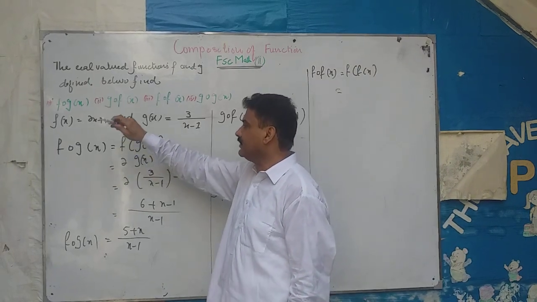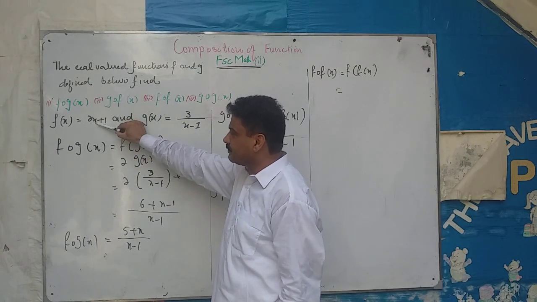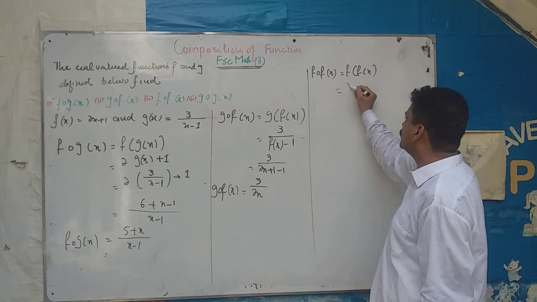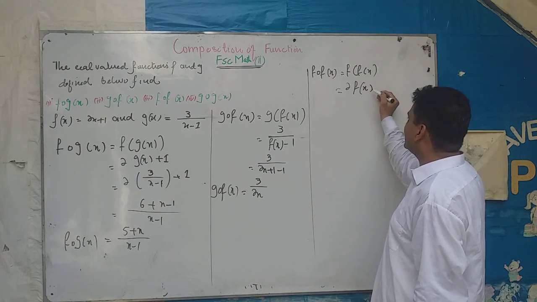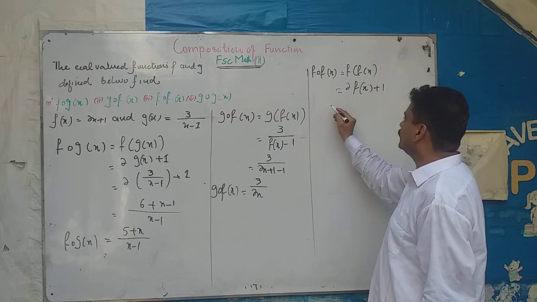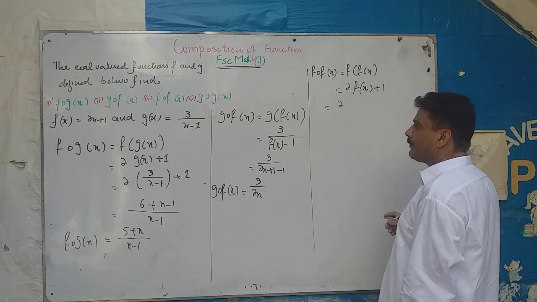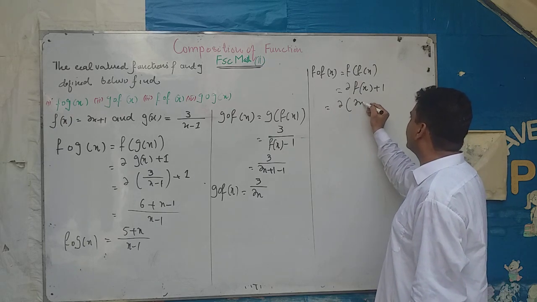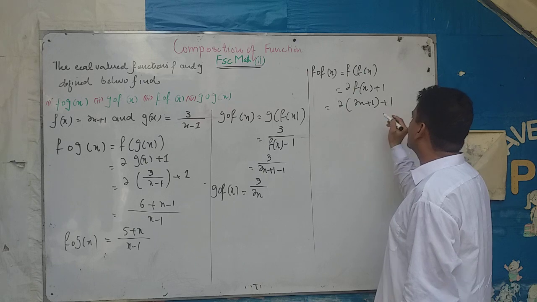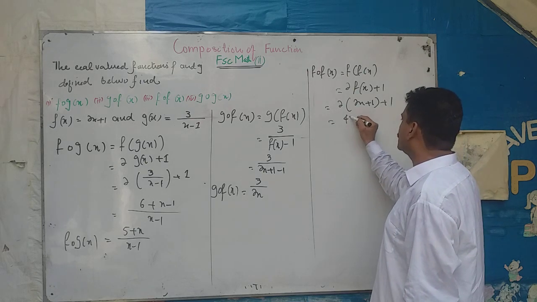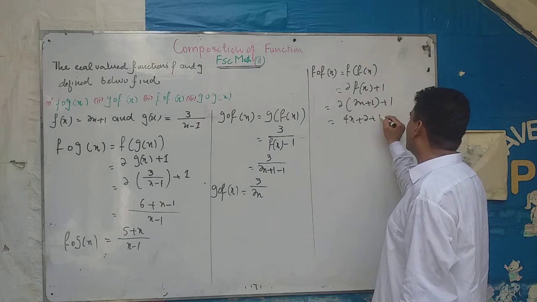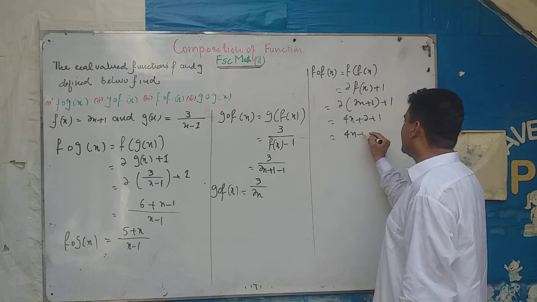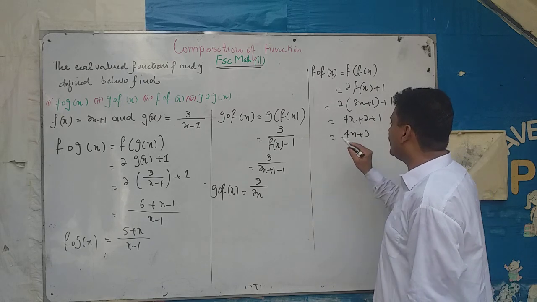In function f, we just replace this x by f of x. We write 2 f of x plus 1. We now put the value of f of x, which is again 2x plus 1. After simplification, we will get 4x plus 2 plus 1 makes 4x plus 3. It is the value of f of f of x.